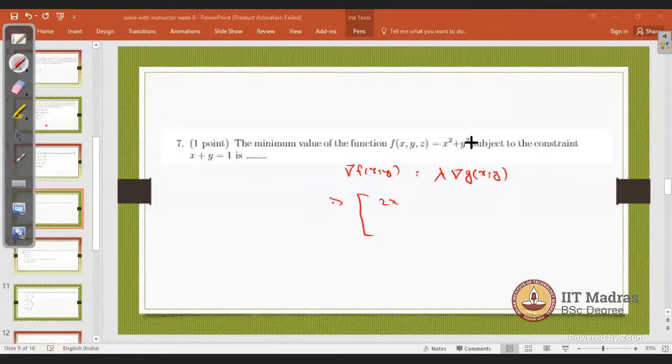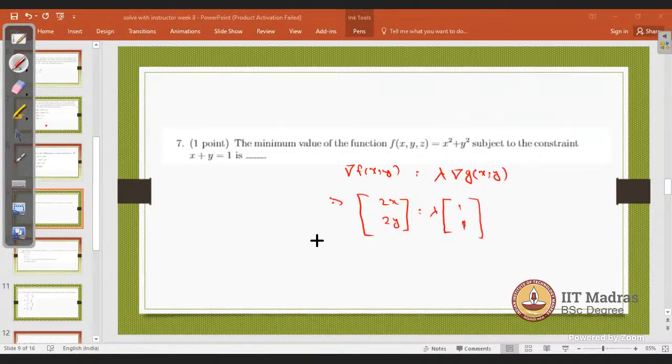If you partially differentiate with y, we get 2y equals lambda. For del g, if you differentiate with x, we get 1, and if we differentiate with y, again we get 1. Are you clear up to this point?